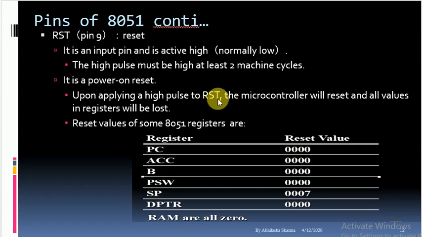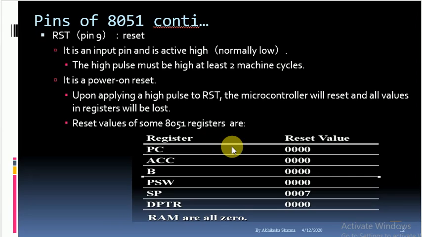Whenever you do the reset process, all the values in the registers will be lost. When you push the reset button for a microcontroller, all values become 0 except the stack pointer. This is the important part of the 8051 that you should remember.